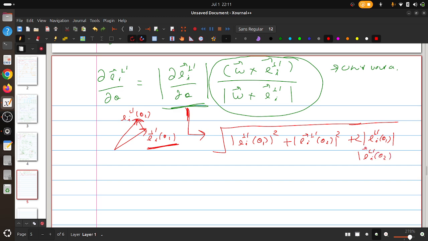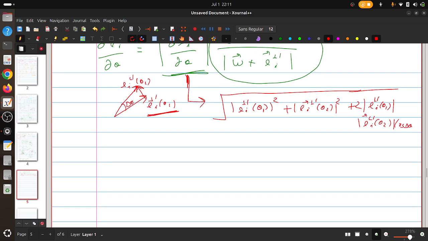I'm really carrying this notation too far now. So this delta theta is the angle between them, so obviously cos of delta theta. This result is from simple addition of the two vectors. I think I missed a minus here, because we are subtracting the two vectors, so it should be minus.